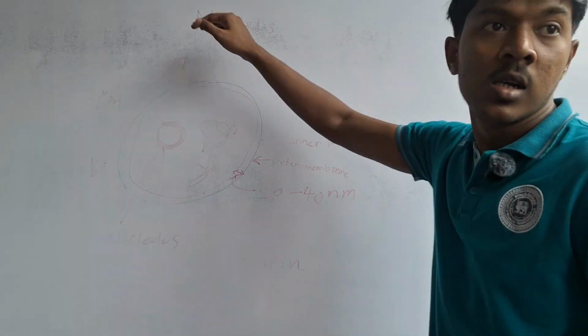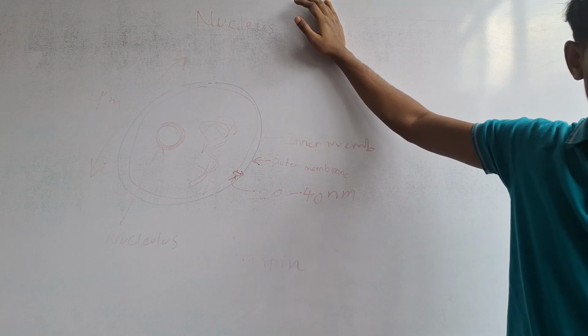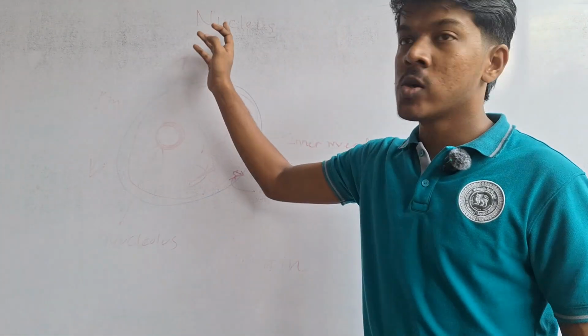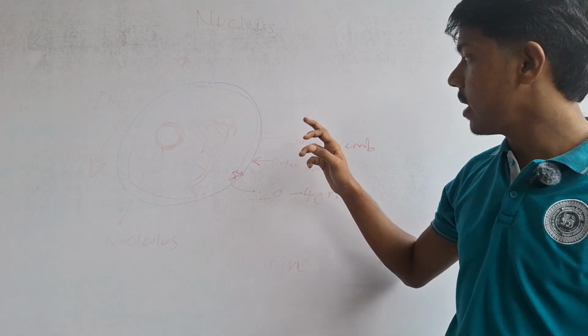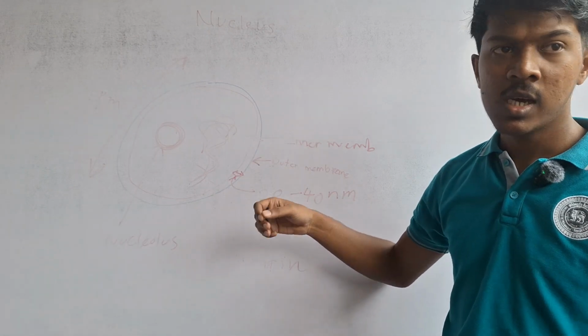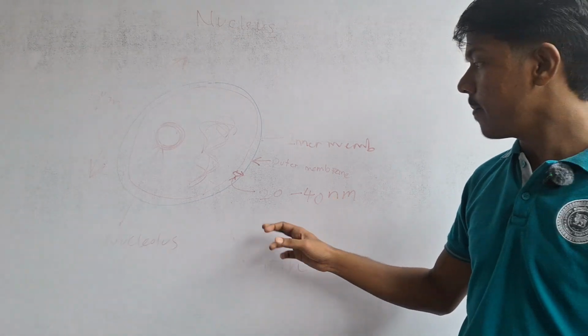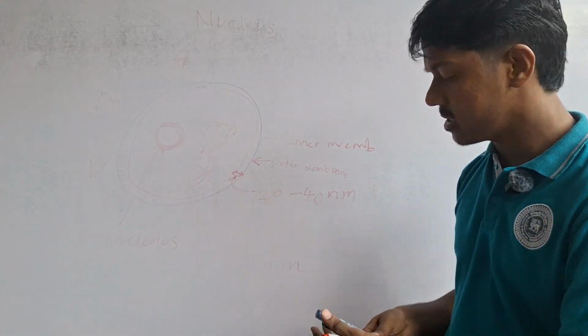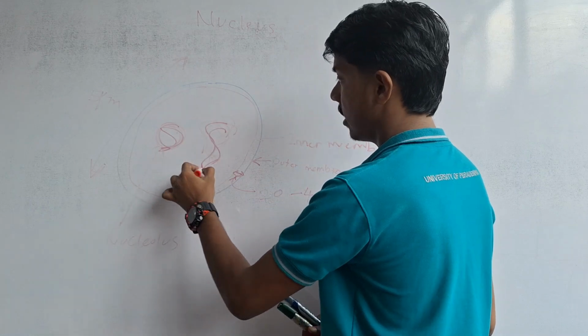What's the heading? Nucleus. Main function of the nucleus: controls the activity of the cell. The nucleus is composed of two layers, outer membrane and inner membrane, with a small gap of 20 to 40 nanometers between them. After that, there are two main parts: nucleolus and chromatin.